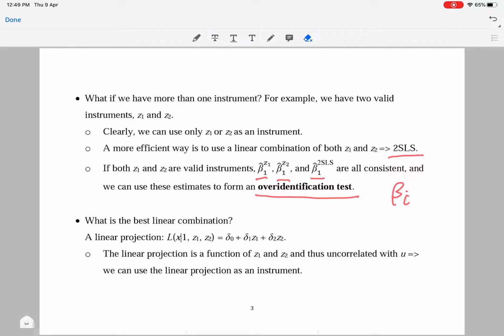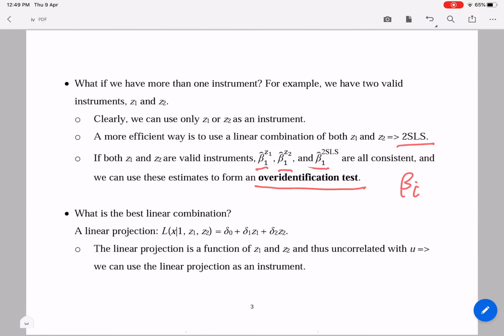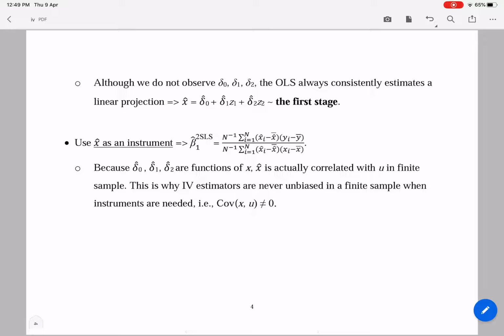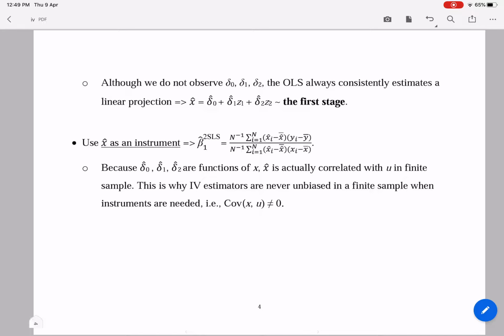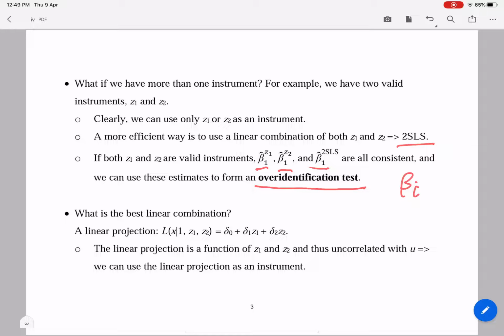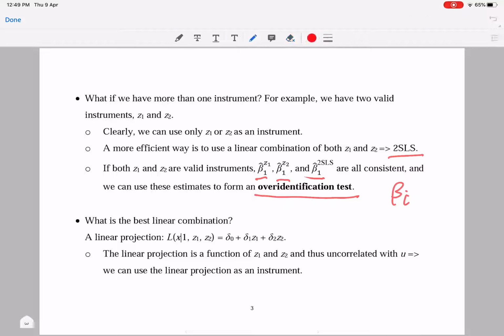So the linear projection is a function of Z1 and Z2. If Z1 and Z2 are both uncorrelated with the error term, then the linear projection must be uncorrelated with the error term as well. Therefore, we can use the linear projection as an instrument.